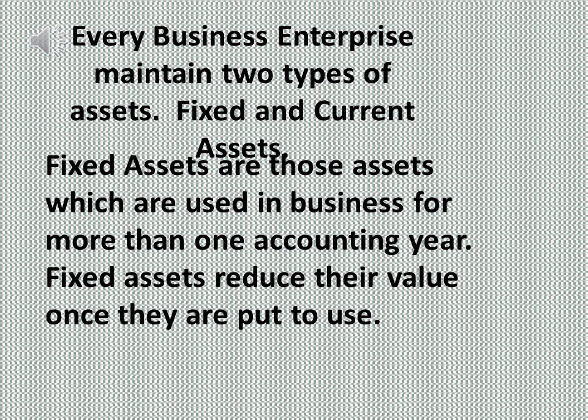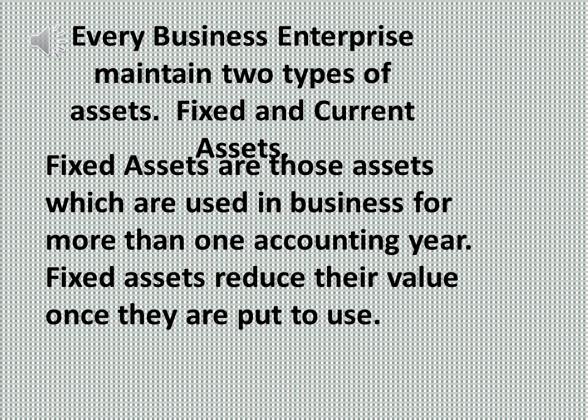And that is why the depreciation is always calculated on the fixed assets of the company, because for an asset which is being used in the company for a long time, it always happens that the value of that particular asset decreases.